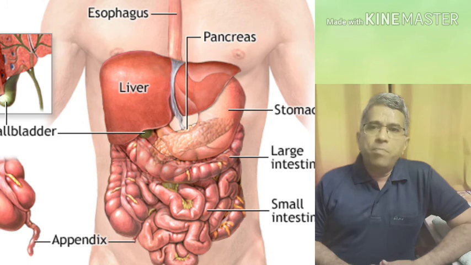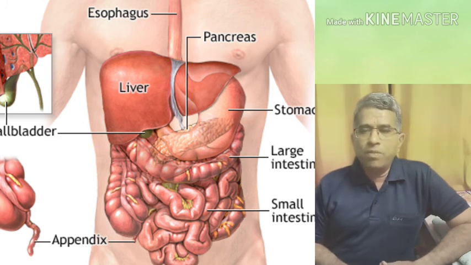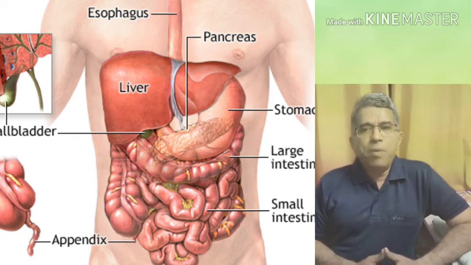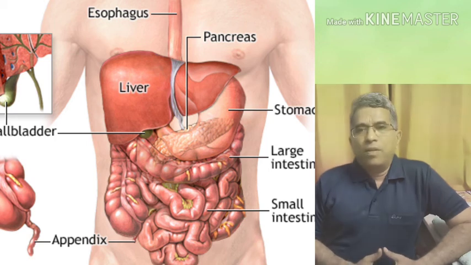Now the J-shaped stomach opens into the small intestine. Small intestine in case of human being contains three parts, namely anterior duodenum, that is highly coiled and that contains Brunner's glands, followed by middle jejunum and ileum.